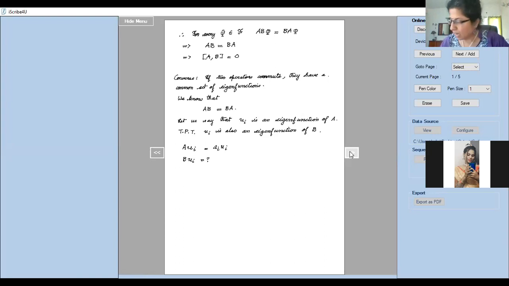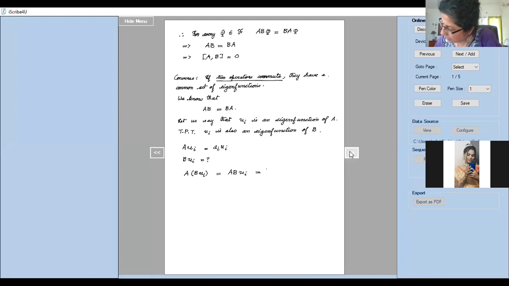All right. So let's start off. We will start off with A operating on B ui. So this is going to be nothing but AB operating on ui. But we already know that AB is equal to BA. Why? Because we have already said that the two operators commute.